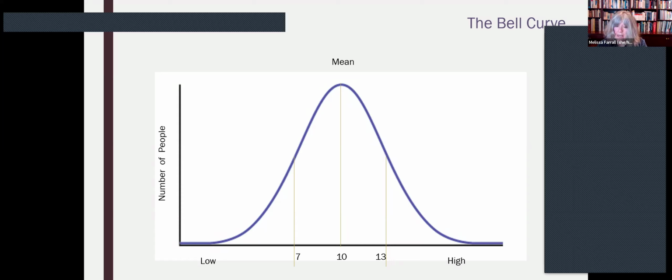So let's do another bell curve, or wipe out these numbers. Let's do standard scores. The mean is 100. And your standard deviation is 15.